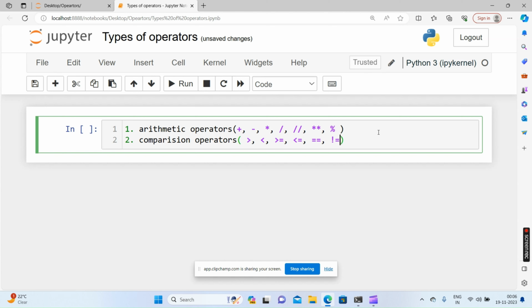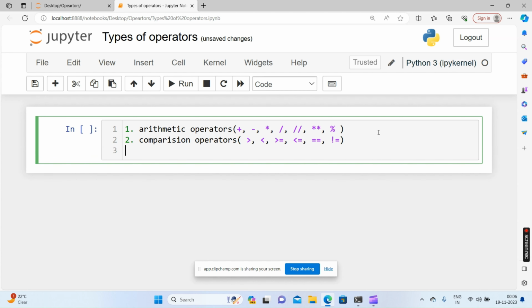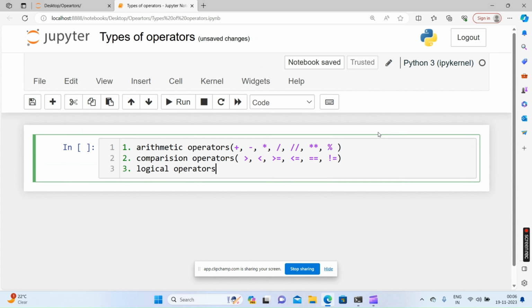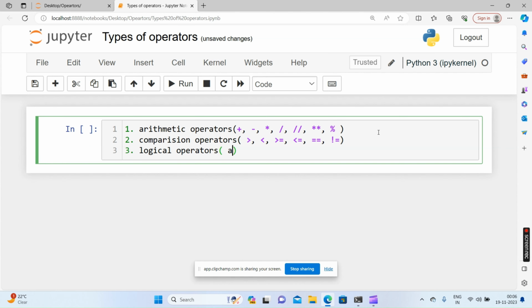These all are the comparison operators. The third type is logical operators. Those are and, or, not. Only three types.